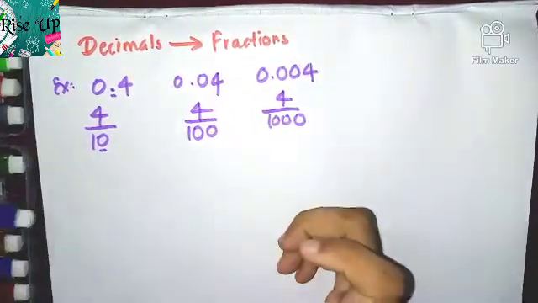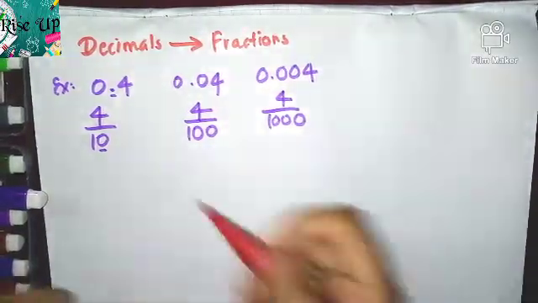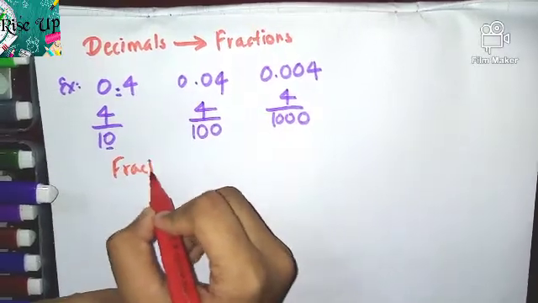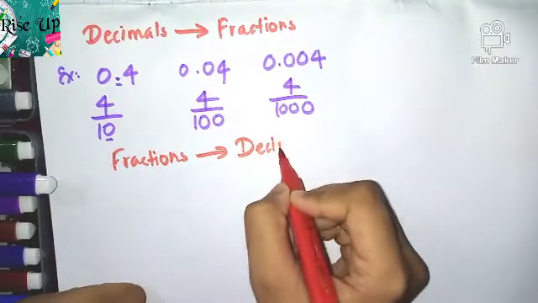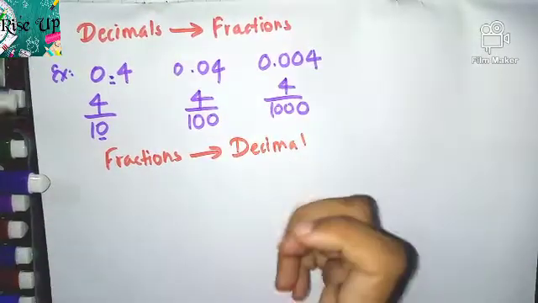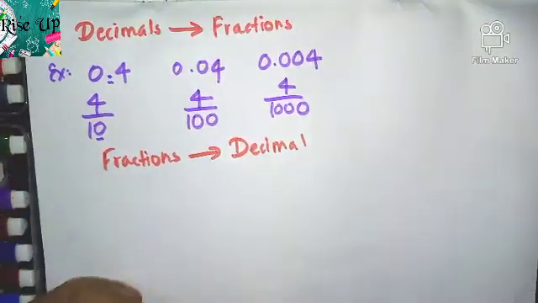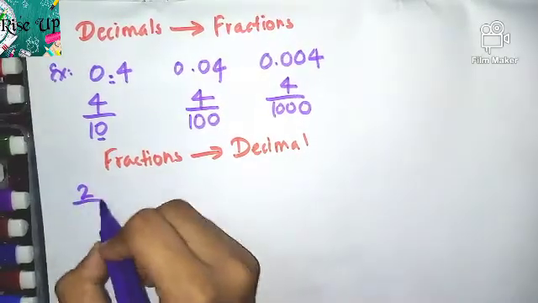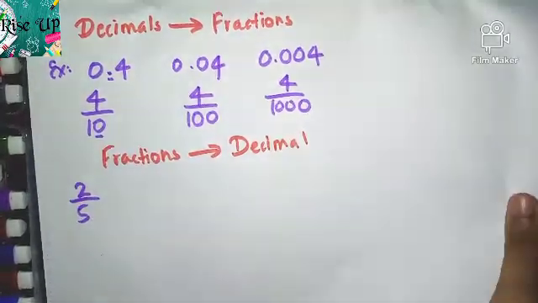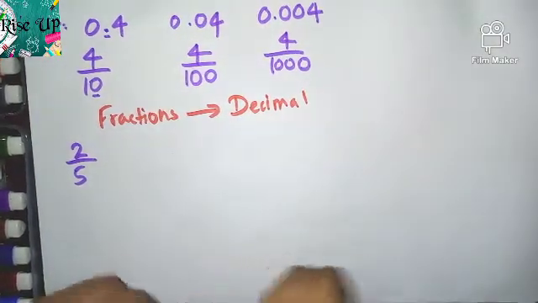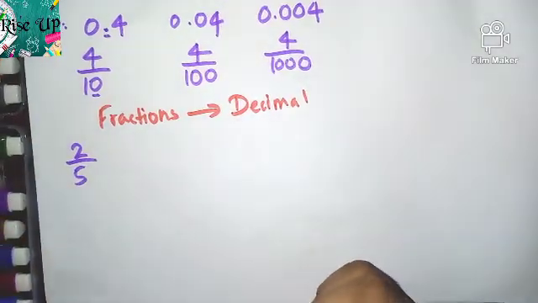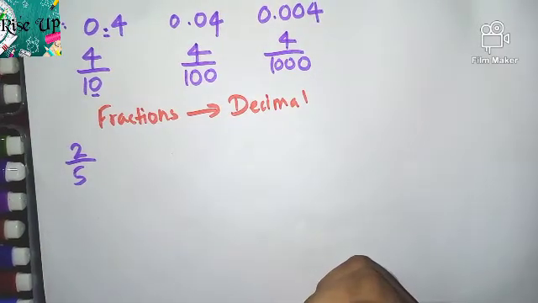And now let's see how to write fractions as decimals. Let's take a fraction like 2 upon 5. Now they are asking us to write this 2 upon 5 as a decimal. So what you have to do, first we have to check whether we can convert the denominator of the fraction into a power of 10.